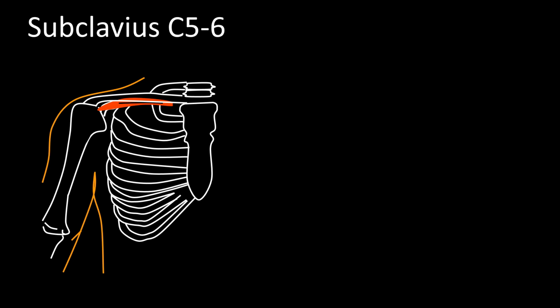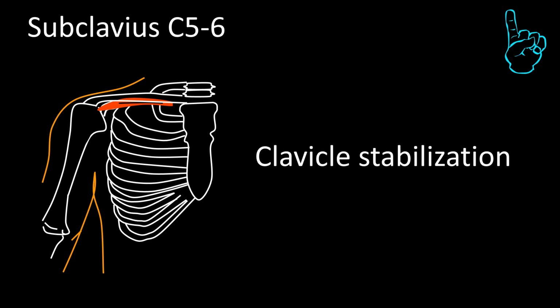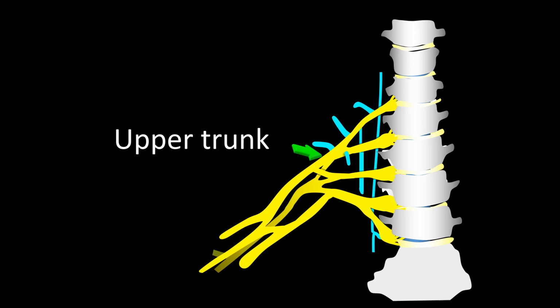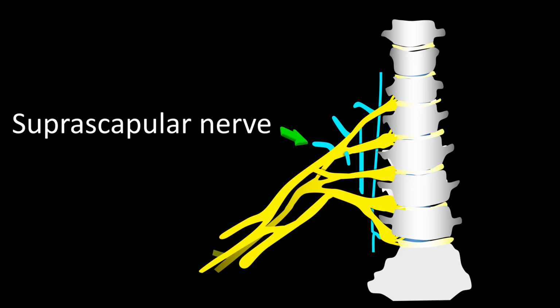This muscle, as expected, receives fibers from C5 and C6, and it has one action: clavicular stabilization. The sixth and last nerve from the proximal region also arises from the upper trunk. It is called the suprascapular nerve.